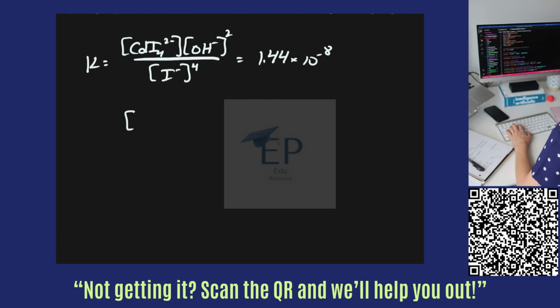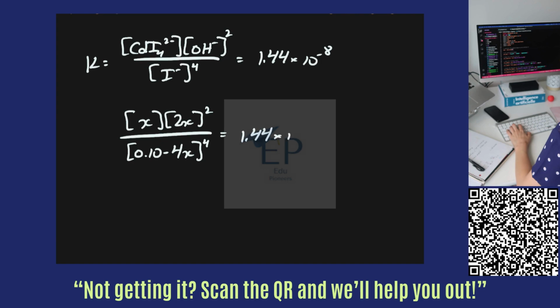Let's substitute our values in here. We would get x times 2x squared over 0.1 minus 4x to the 4th is equal to 1.44 times 10 to the negative 8. I'm going to plug this into my equation solver to solve for x.